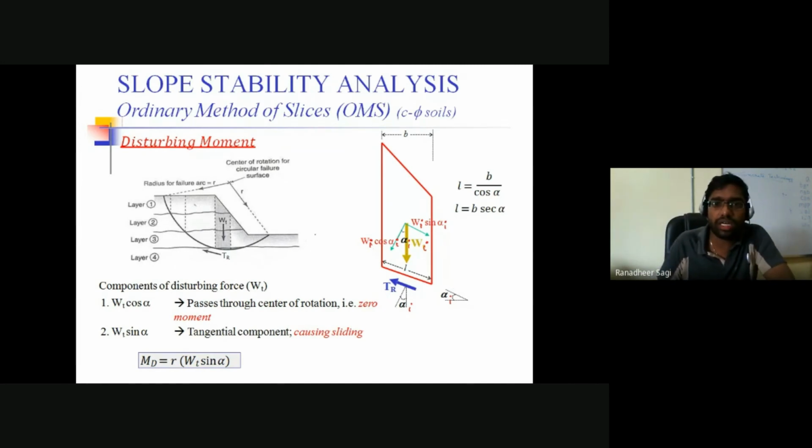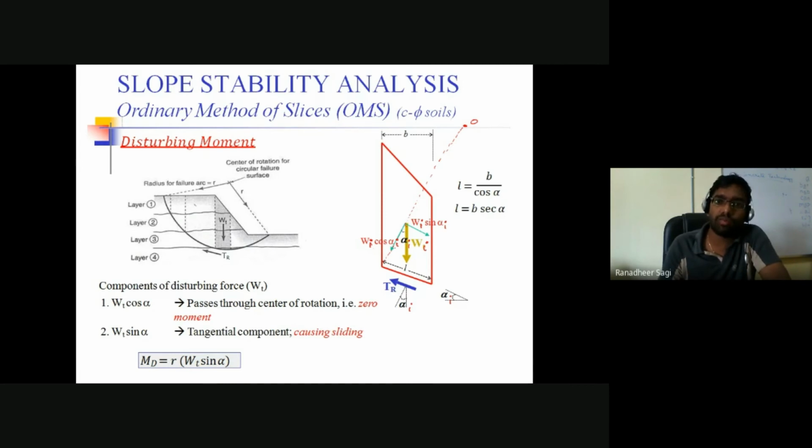Now, if you look at the component of the weight which is perpendicular to the failure surface, if the direction of that weight component is extended, it will coincide with the center of the failure arc.